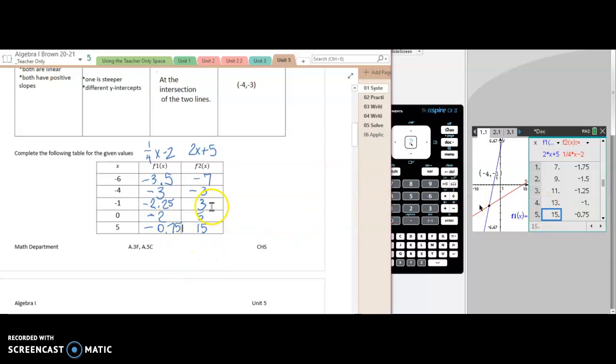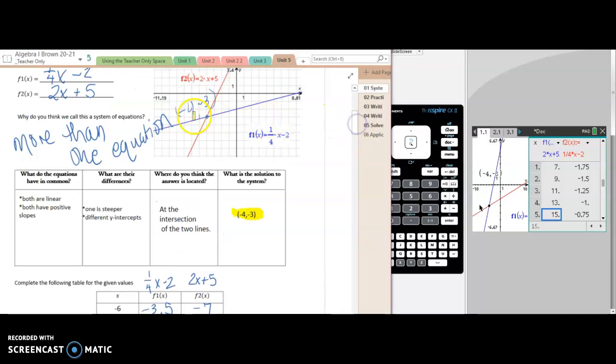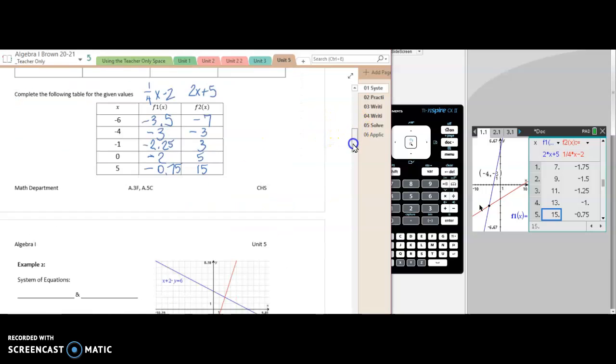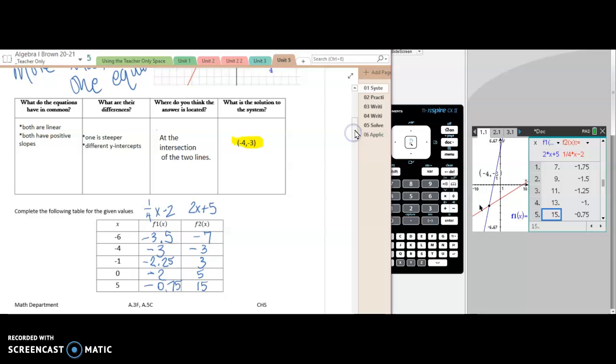Okay, so whenever we're looking for the solution given a table, what we're looking for is the same thing as when we were looking for the solution in a graph. We want to look for the common point. This is the common point, right? That's at -4, -3. Well, in a table, what you need to look for is where the x and y values are the same.